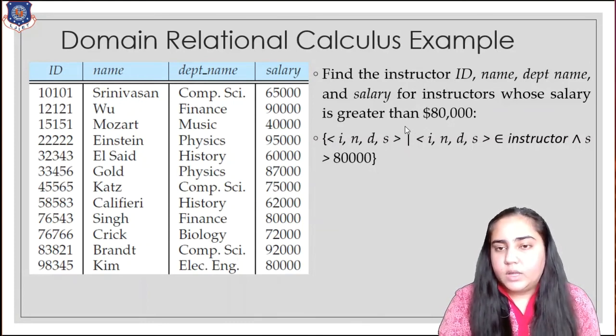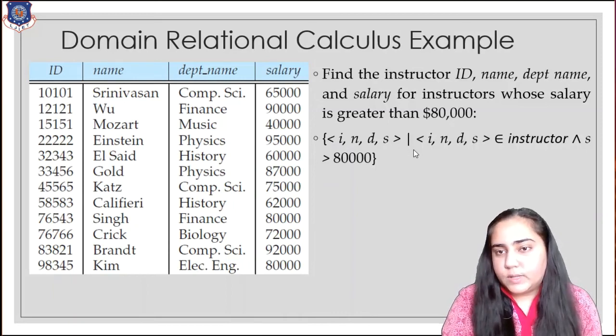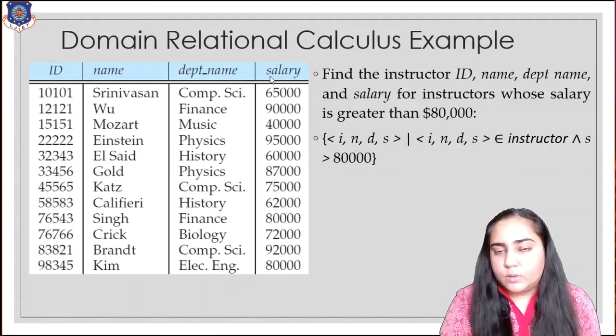Then there's a pipe, such that <I, N, D, S> all belong to instructor, just like we did in tuple relational calculus. So this is the first condition. And the second condition is that S should be greater than 80,000 because S is something we are associating with the salary of instructor.